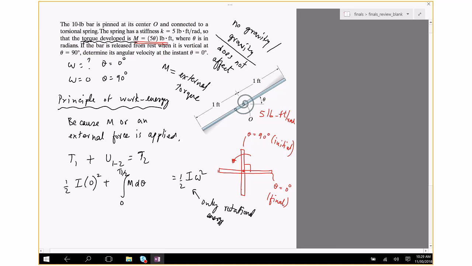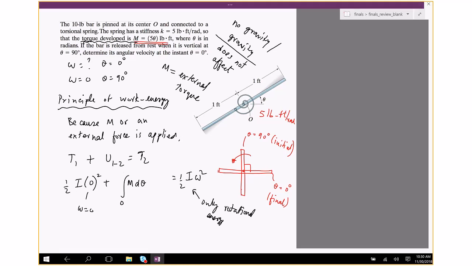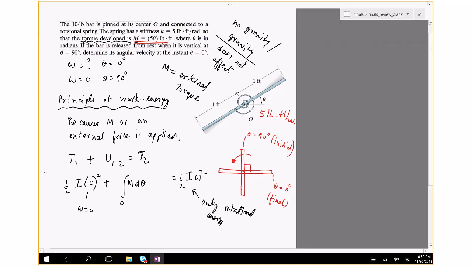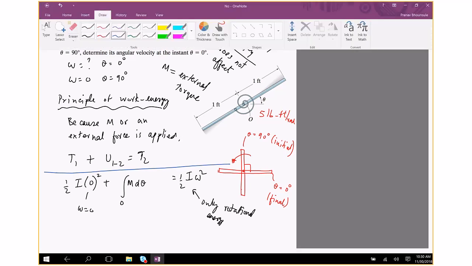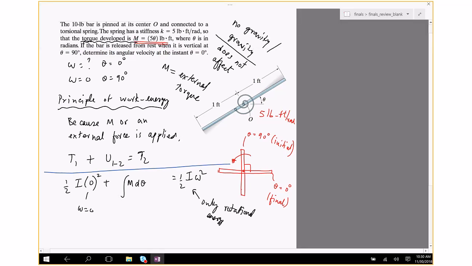It's 0 squared because there's no velocity initially, is that what you're saying? The velocity is 0 initially. Well, this should be swapped, right? The initial angle is pi divided by 2. The final angle is 0. Should be swapped because initially it's at 90 degrees. Oh no, my bad. 0 and that was right.